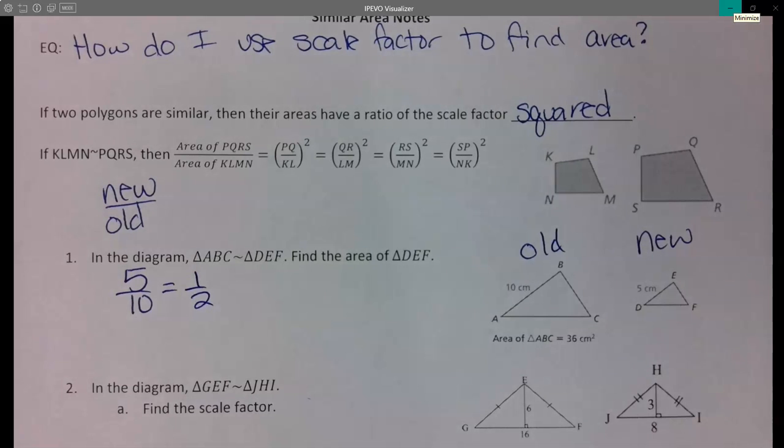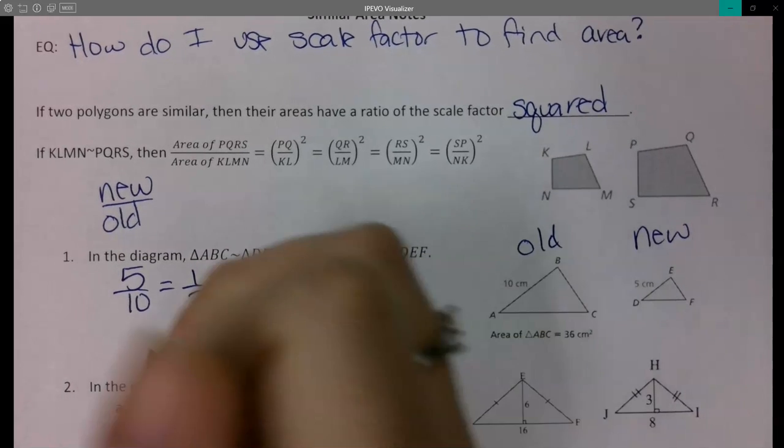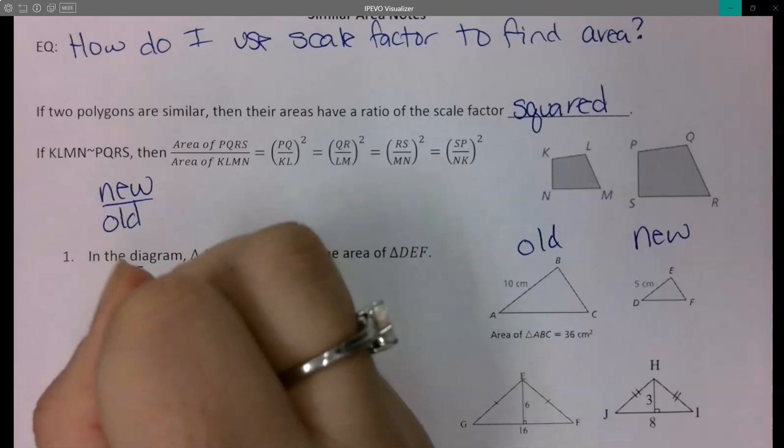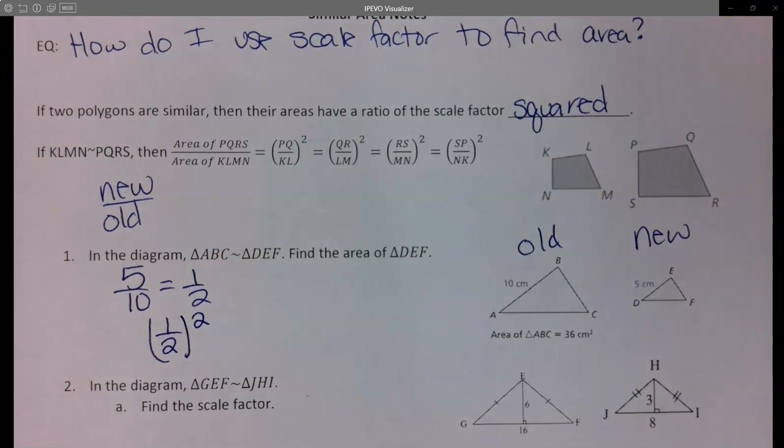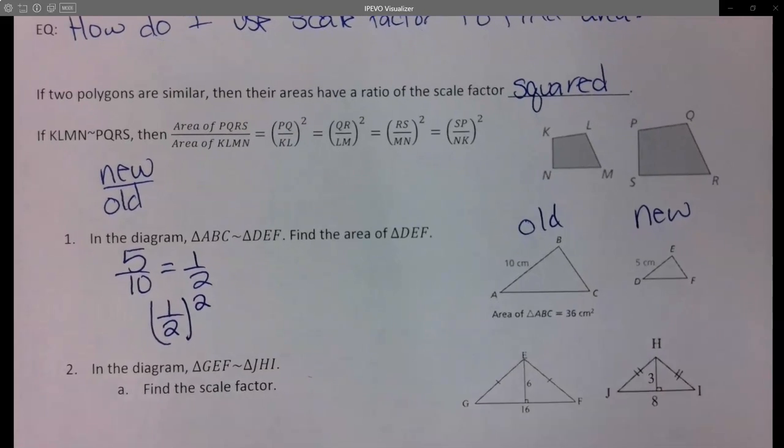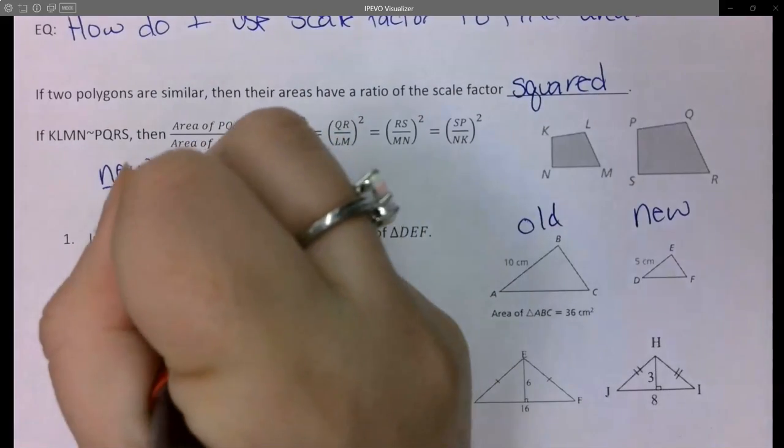So what I want to do is take my scale factor and square it. When I'm squaring a fraction, I distribute the exponent to each of the pieces.